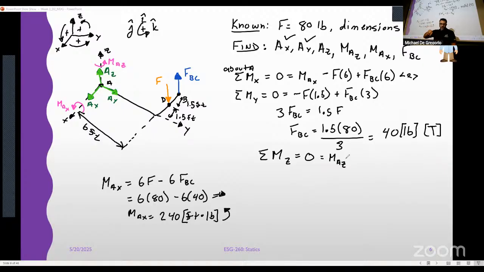Okay, all of the forces at A don't do anything. What about F and FBC? Do they contribute a moment about the z-axis? Let's ask it this way.